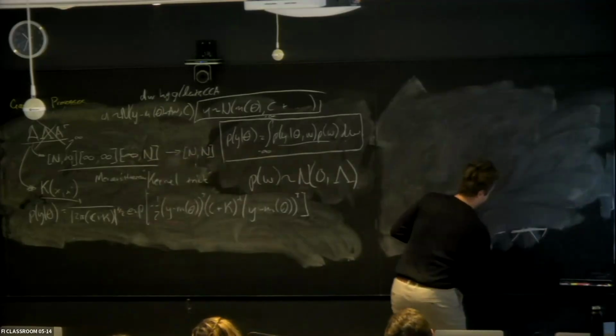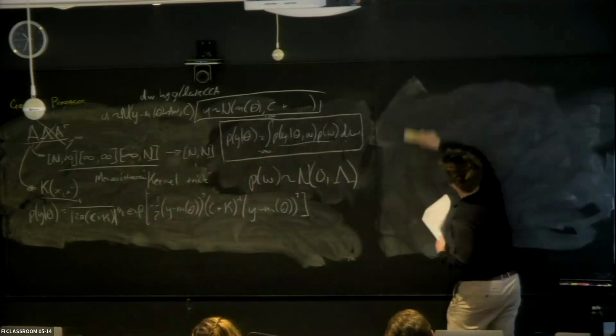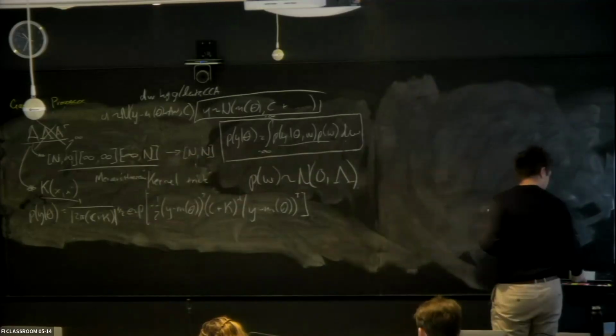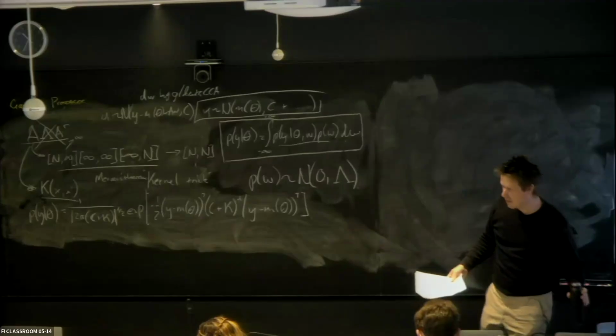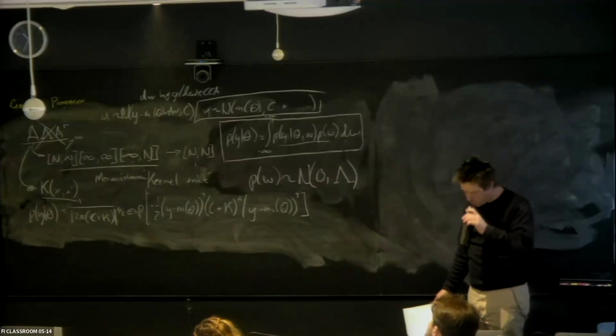No, I have a question. When you're talking about the kernel, the product A lambda A transpose, that is an expression in data space, right? The input and output dimensions there are data space.